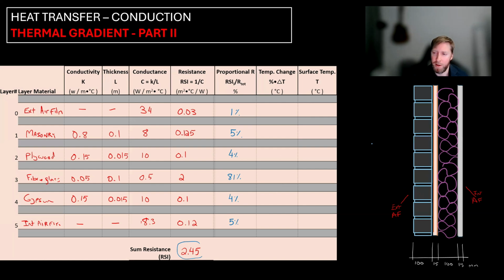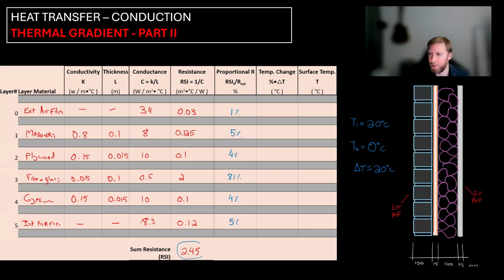Well, how do we do that? First, we've got to remember what the temperature differential is, right? So the temperature on the inside was equal to 20 degrees. The temperature on the outside was equal to 0 degrees Celsius. So therefore, the temperature differential is going to be 20 degrees Celsius.